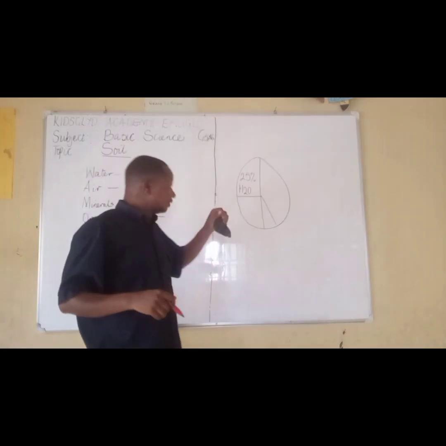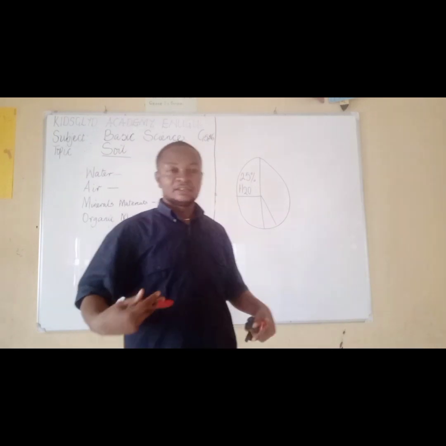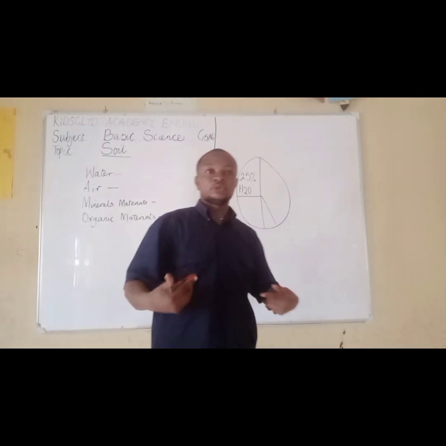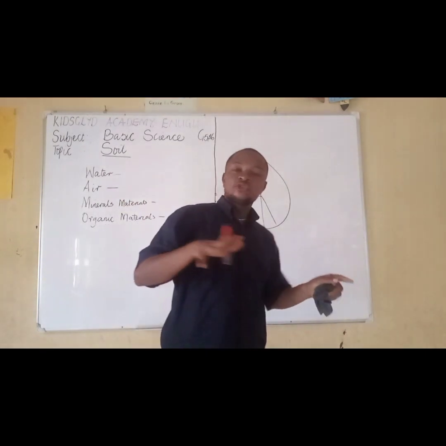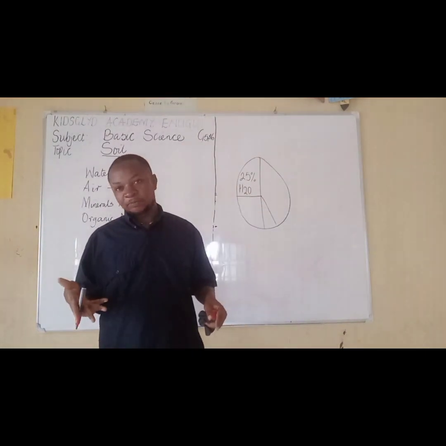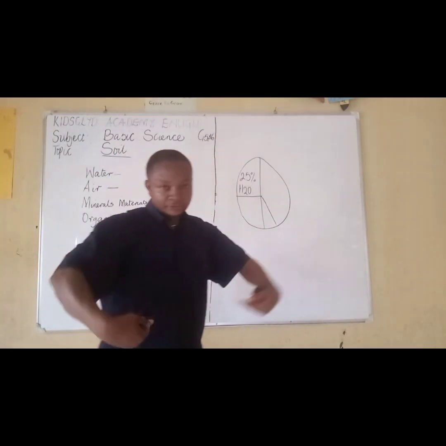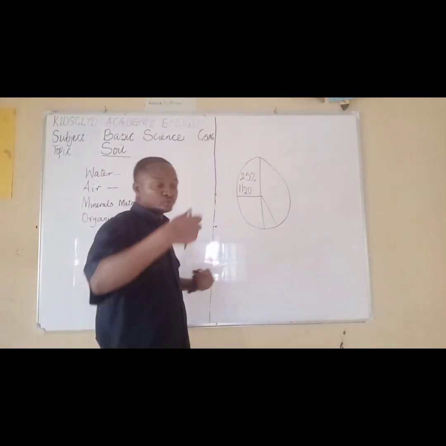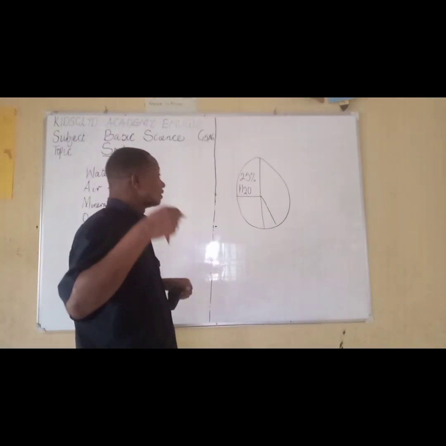So that is why this water helps the plants to feed, because we all know that water is food. Anywhere that there is no water, even you human being can't live in that kind of place, not to talk of plants. Through the roots, the plants feed, taking water up to their leaves for the process of photosynthesis.